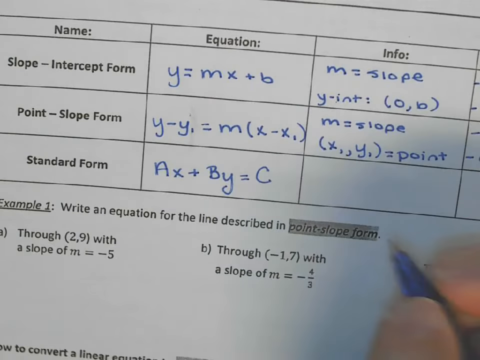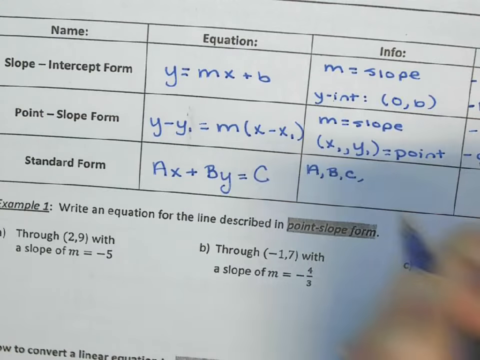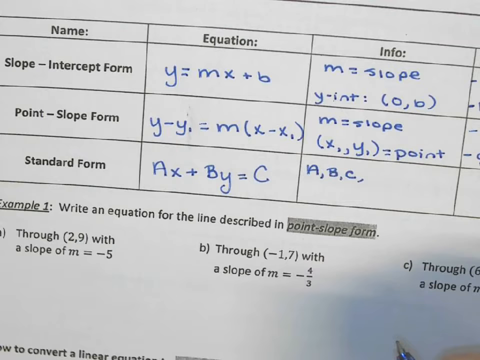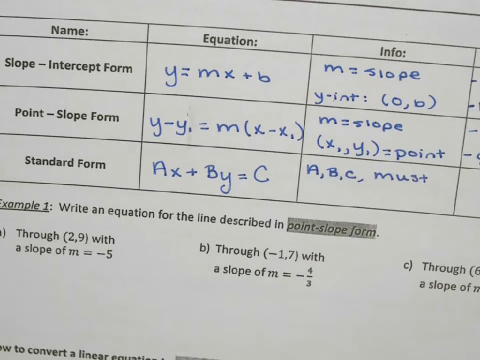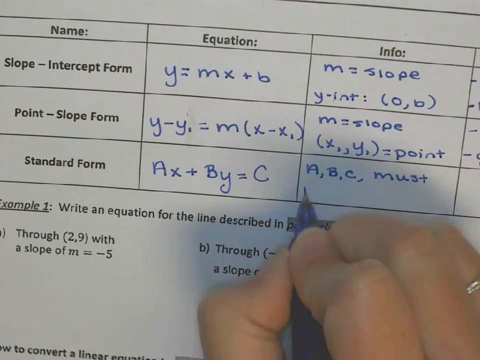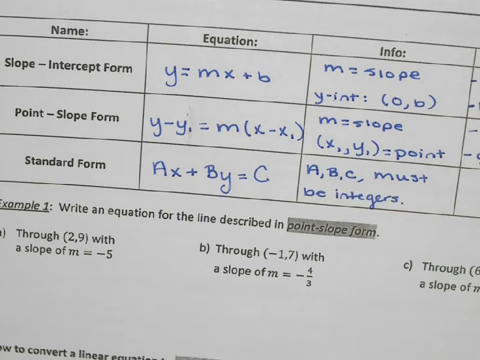The information here is that A, B, and C, those three capital letters, must be integers. There's that word from 1.1. Now this makes sense why Mrs. Fox put it on every single quiz to put your numbers in the right sets, because you have to know what are integers.